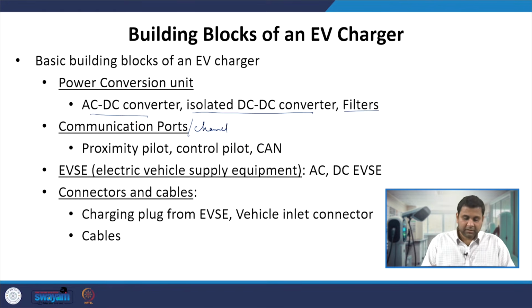As we go along, you will see that there are different ports present on the charger plugs, like proximity pilot, control pilot.